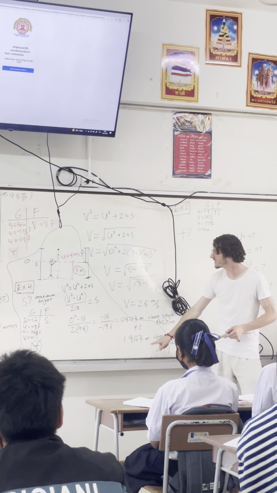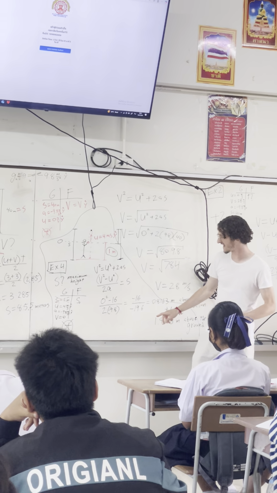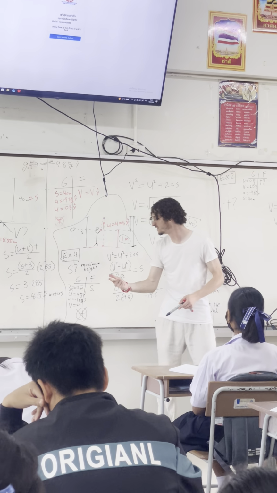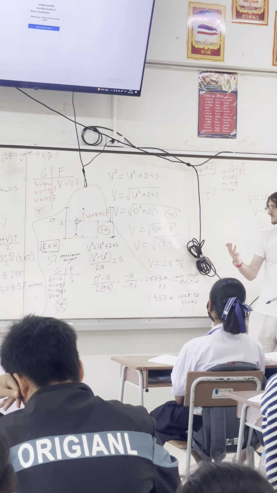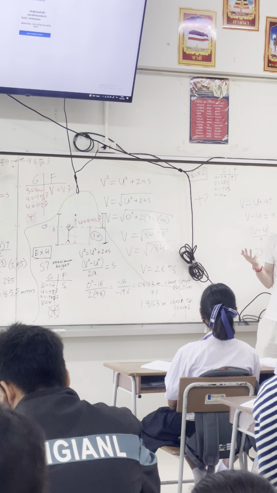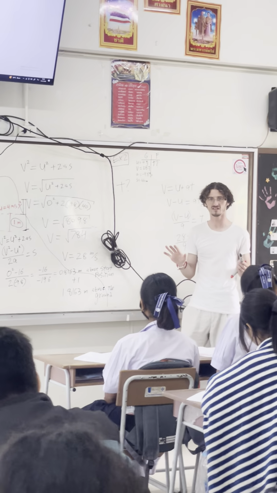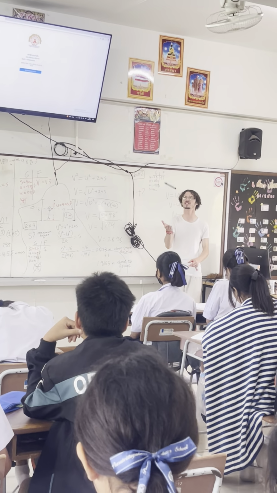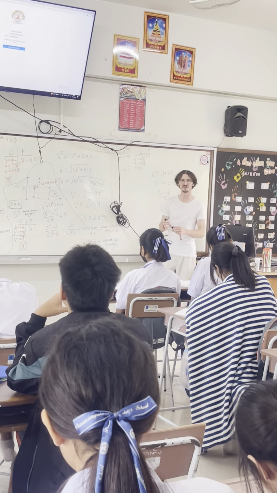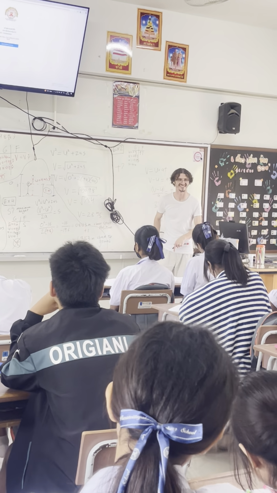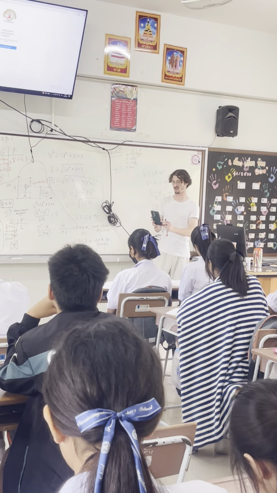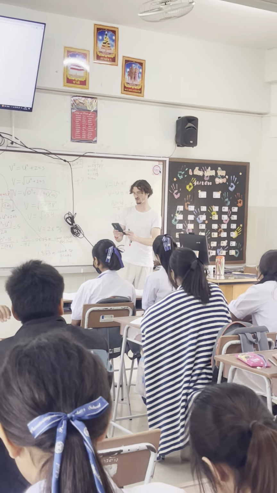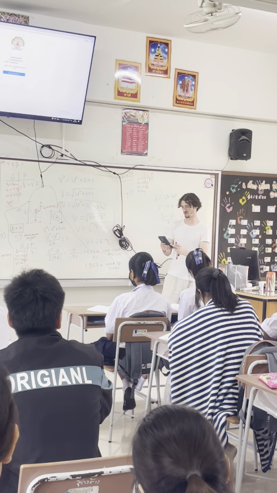Now that we have the S, we have S, U, A, V. We can find the T if we want, the time that it's in the air. But I don't know if we have enough time in this class to find the time in the air. What time do we have?